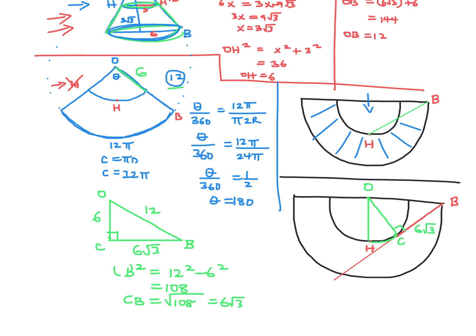That's very good. Now, we still need to figure out that arc that's going from C to H. So how do I do that? In order to do that, I'm going to need this angle in here. So whatever, let's just call it alpha since I already have a theta. How do I figure out that angle?